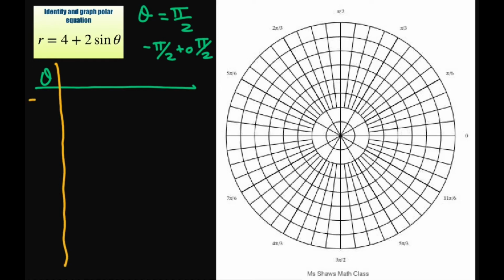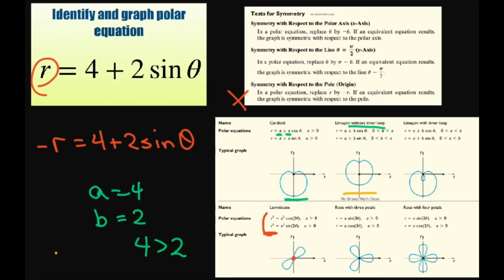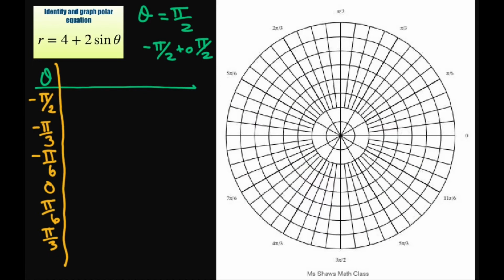So we're going to start with negative pi divided by 2, negative pi divided by 3, negative pi divided by 6, 0, pi divided by 6, pi divided by 3, and pi divided by 2.